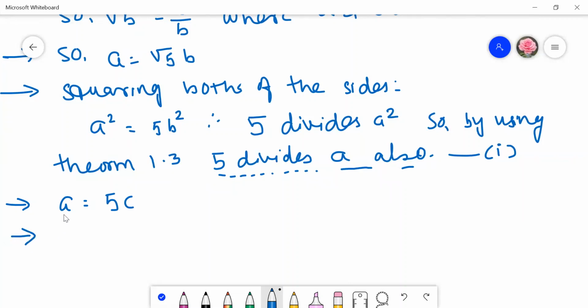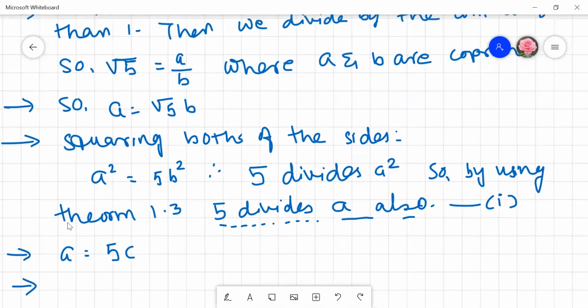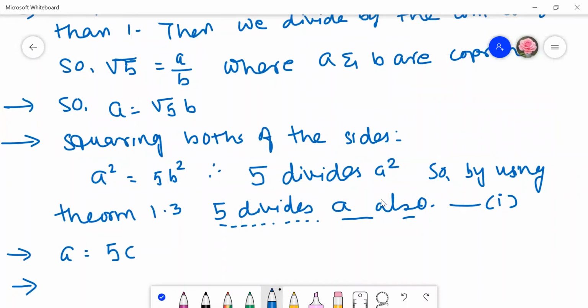Now I'm substituting this value of a here in this step. So it will be 5b square is equal to 25c square.